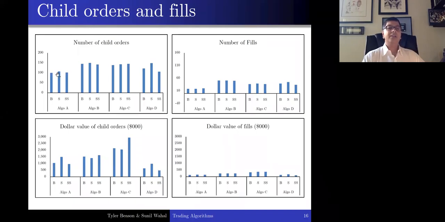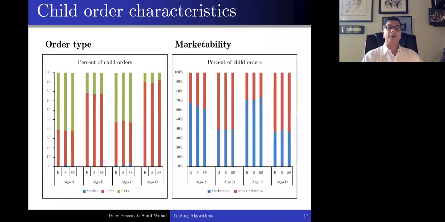Each parent contains, let's say, between 100 and 150 child orders that it generates. The number of fills is roughly 1/10 or maybe a little bit above that. So you can see a submission to fill ratio here that's fairly consistent across the algos. That's just the nature of the trading mechanism at work here.